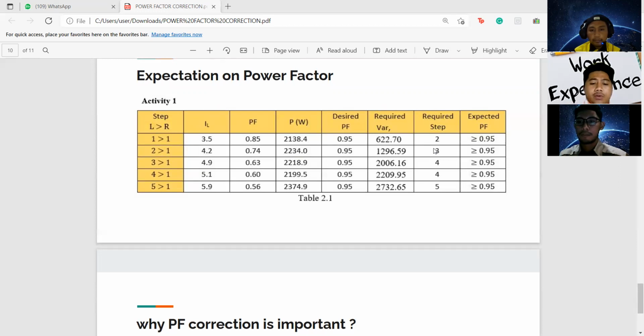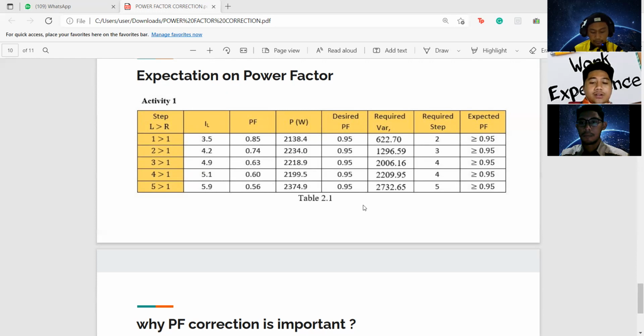And then we look at another case, step, switching 5 to 1 for the third resistor. Initial power factor is 0.56, and the desired power factor is 0.95. So when we improve from 0.56 to 0.95, we add 2,733 watt. We can observe that the lower the power factor, the higher the amount of capacitance that needs to be added.